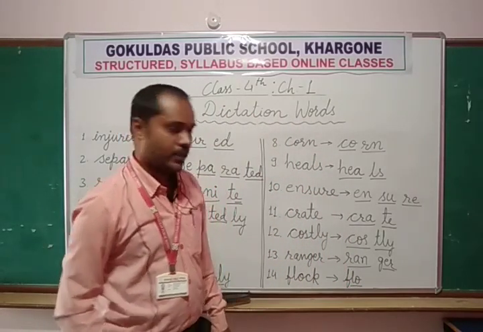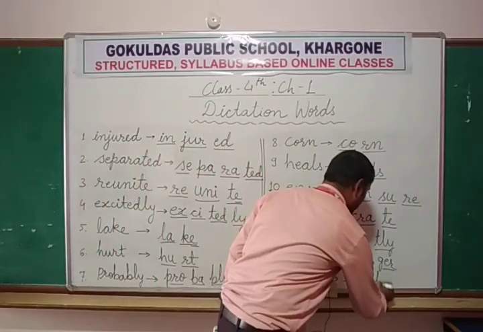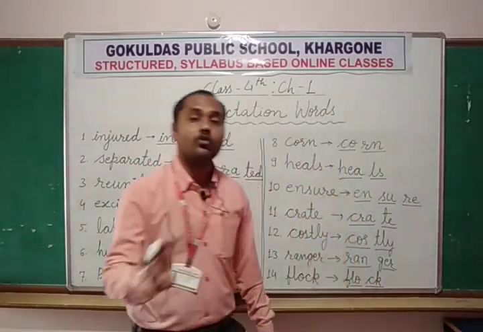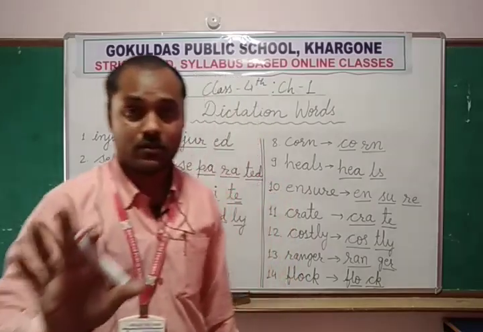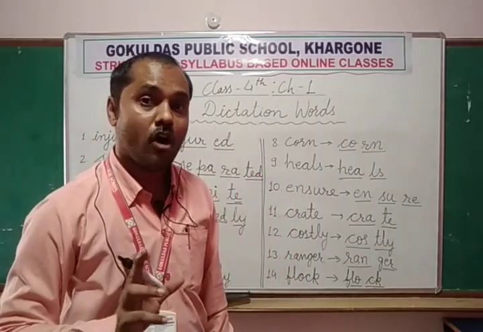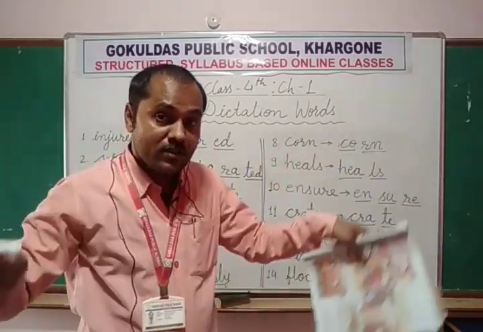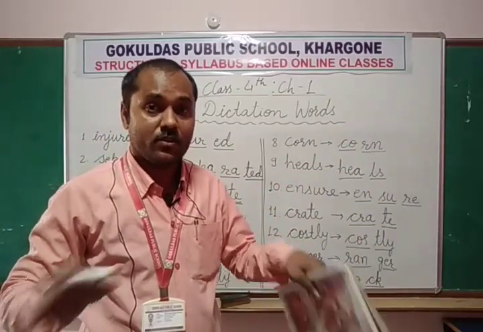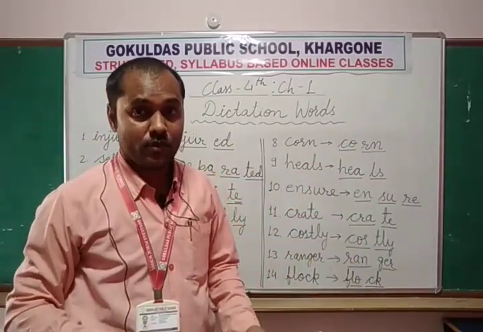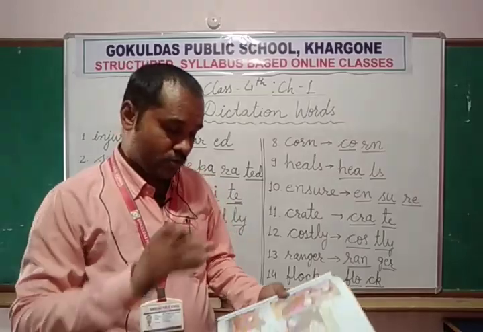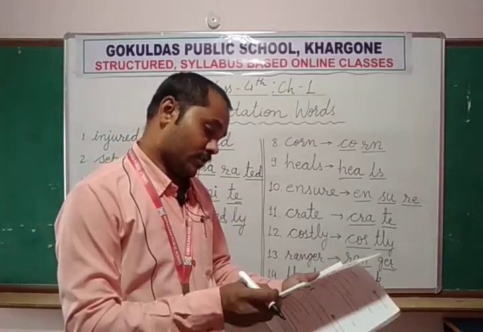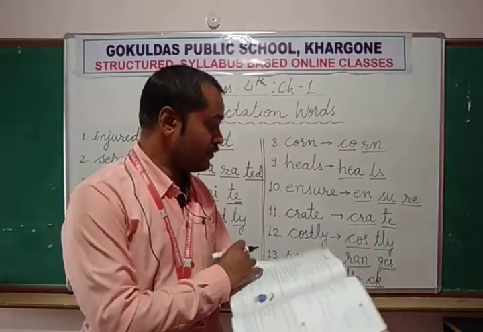And C and K together are pronounced K. Flock. Flock is a group of birds or a group of geese, because geese are also birds. So flock, a group of geese or a group of birds.